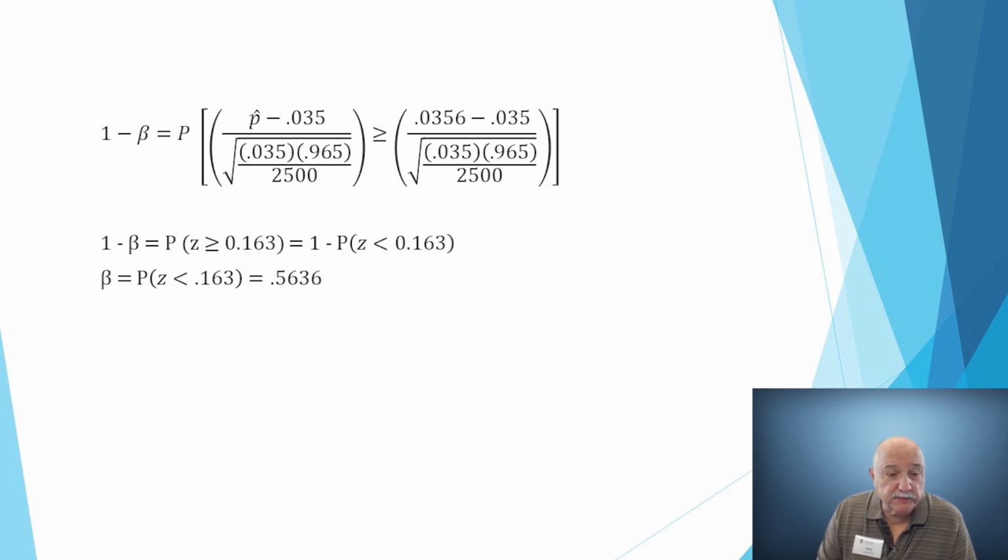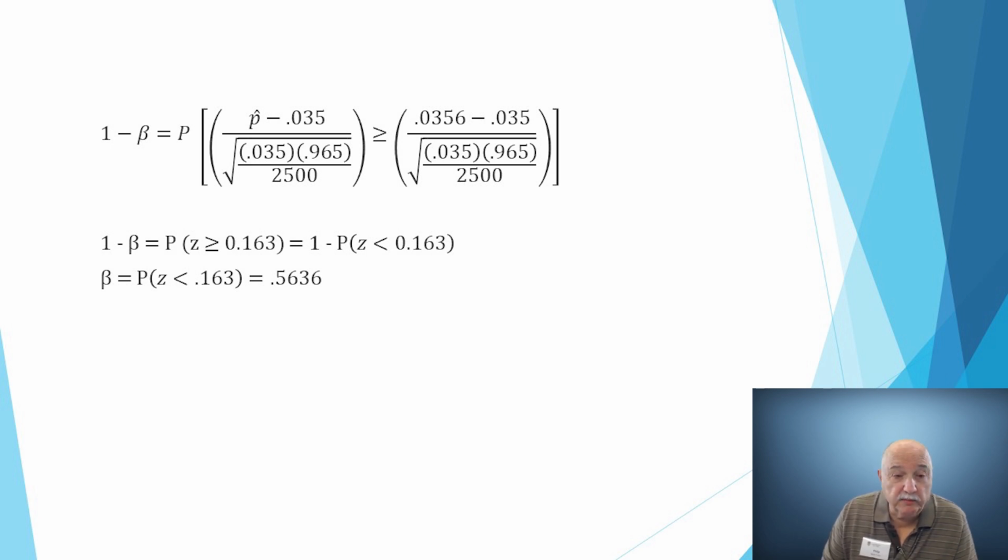Now, that expression in the brackets to the left of the inequality sign, that test statistic has a standard normal distribution, and therefore we're going to represent it by z. We all know and love that from the textbooks. So 1 minus beta is the probability that z is greater than or equal to 0.163, which is what that expression on the right side of the inequality turns out to be equal to if you do the arithmetic.